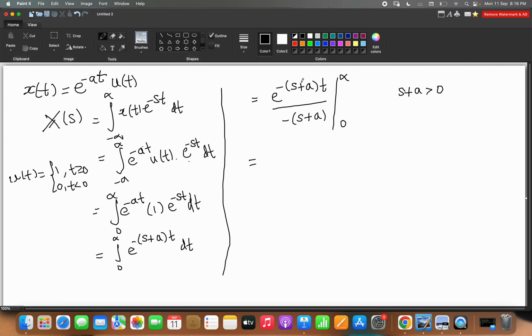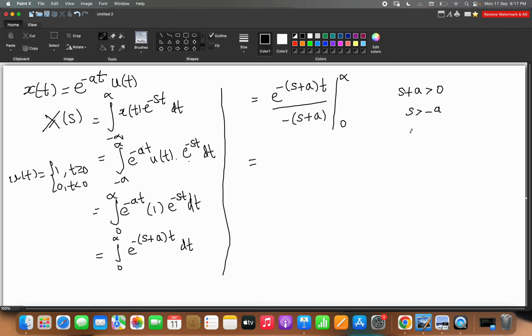If this term is negative, then negative into negative will be positive, and if you substitute infinity, that will result in an infinite value. So we will consider this case: s plus a is greater than 0. So the value of s needs to be greater than minus a to make s plus a a positive value.